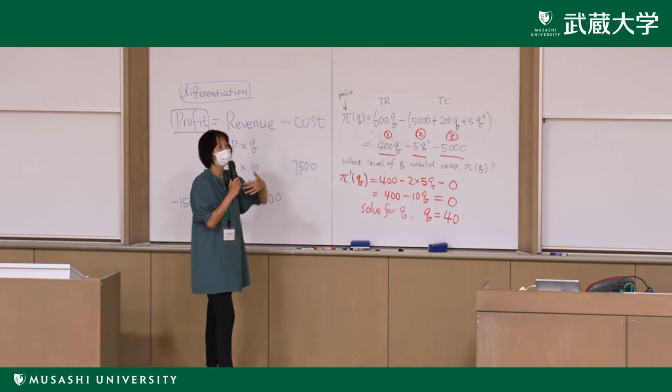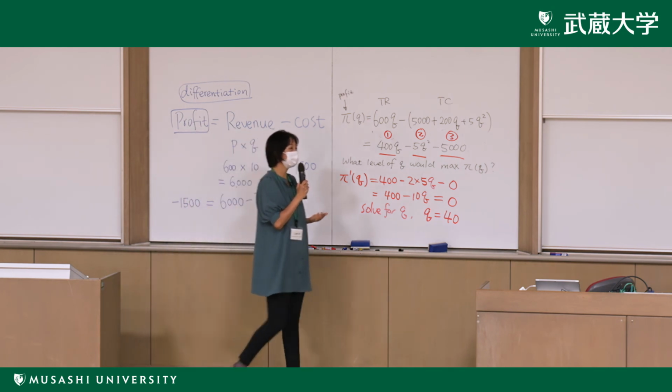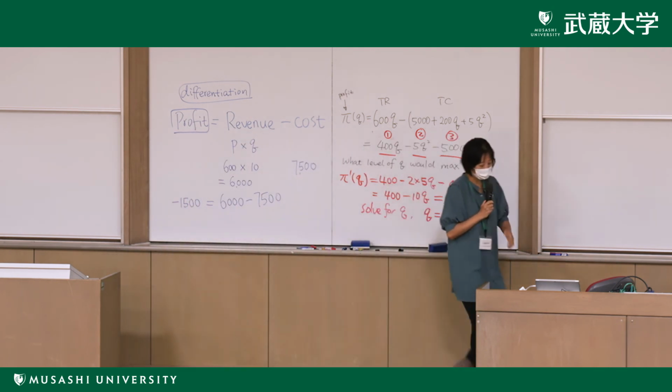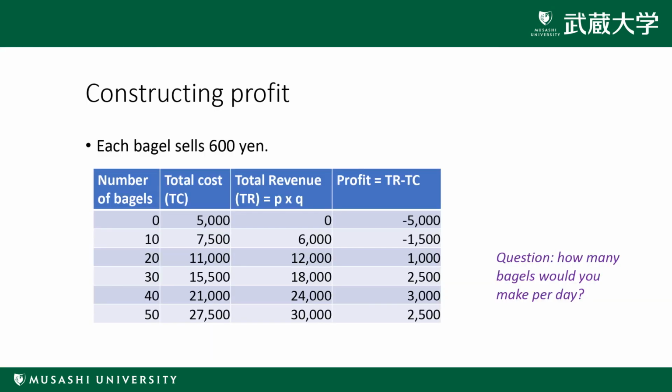As we first used the table and did the intuition, calculating the profit, remember this table? At 40 bagels, the profit is the highest at 3,000. And by using the concept of derivative, we essentially get the same answer as the table way.